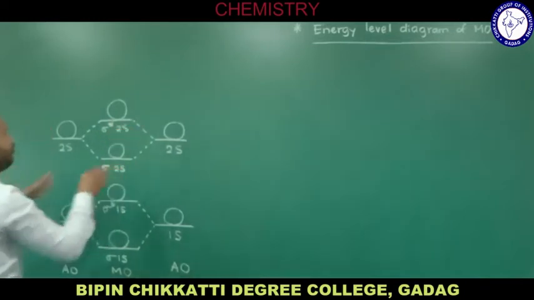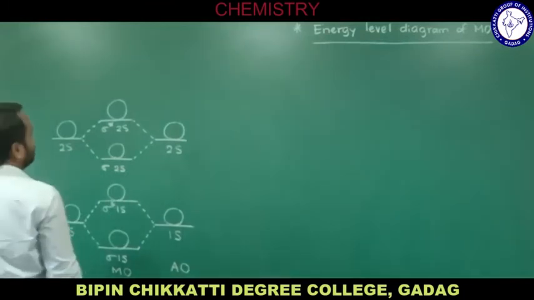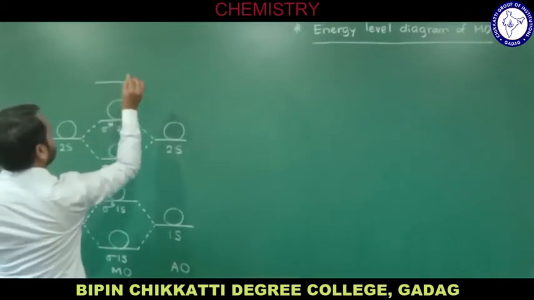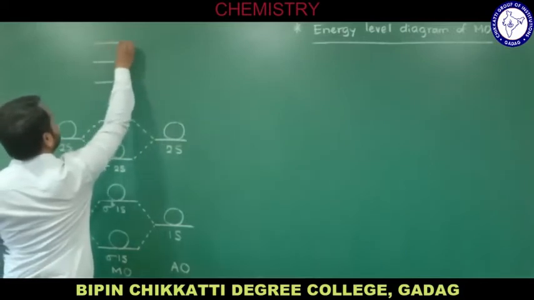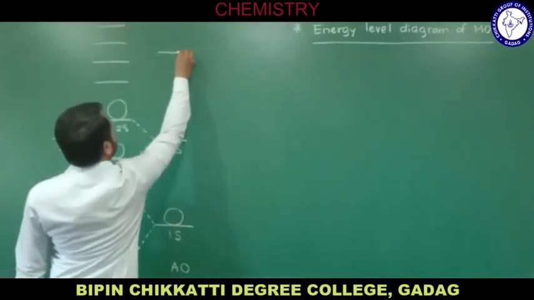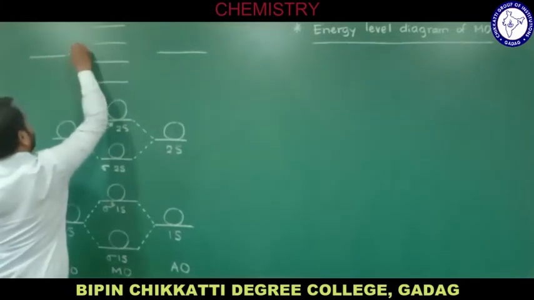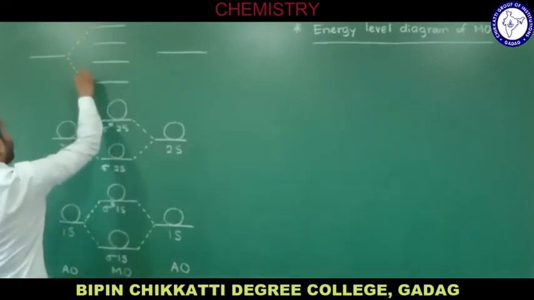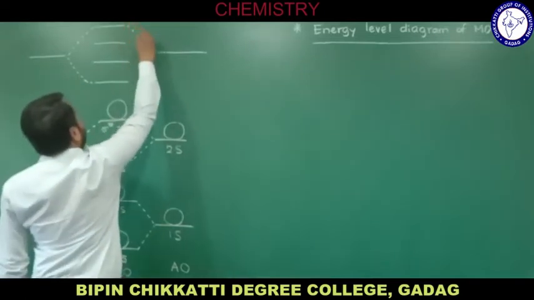That depends on the combining atomic orbitals. So now I am going to consider 2p atomic orbitals. Let me draw the 2p atomic orbitals over here. Try to know, for the p subshell we have 3 atomic orbitals, and these are px, py and pz.